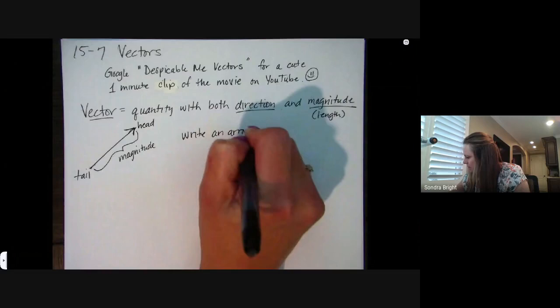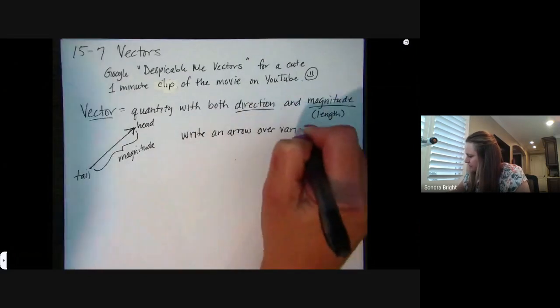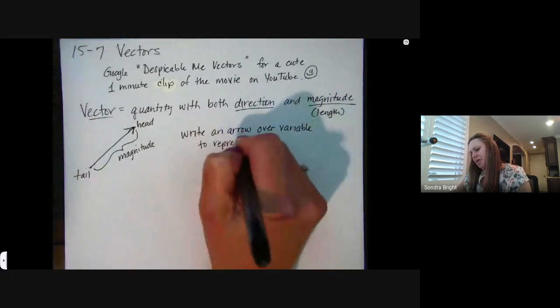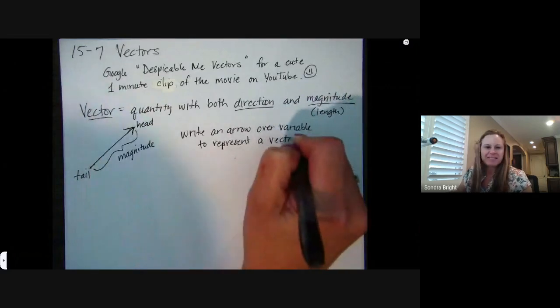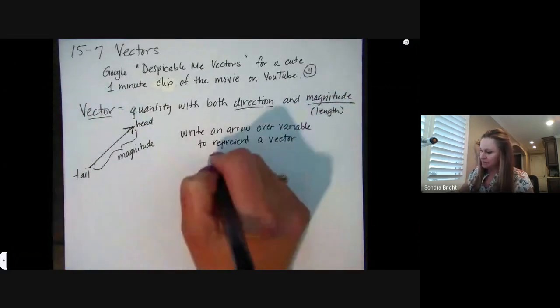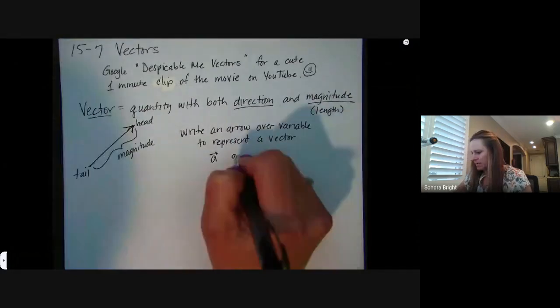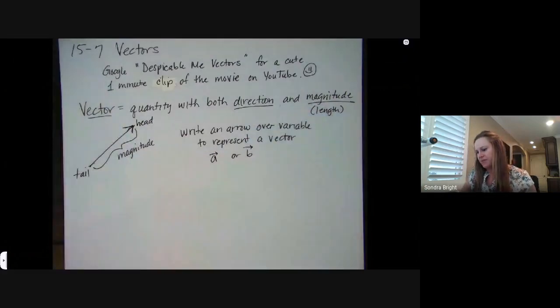And that's how you represent a vector. So, for example, A, it's not just going to be side A anymore. It's going to be A with a little arrow on it, or B, you'll draw a little arrow over it, or C, and you'll draw a little arrow over it, and that means you're talking about a vector.